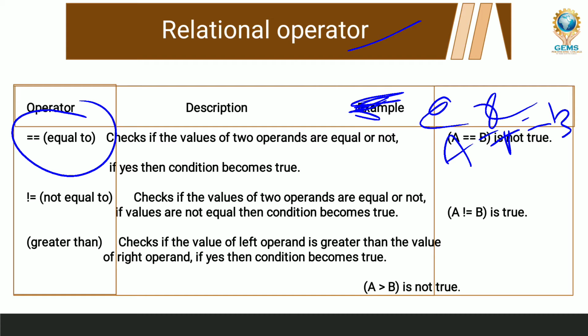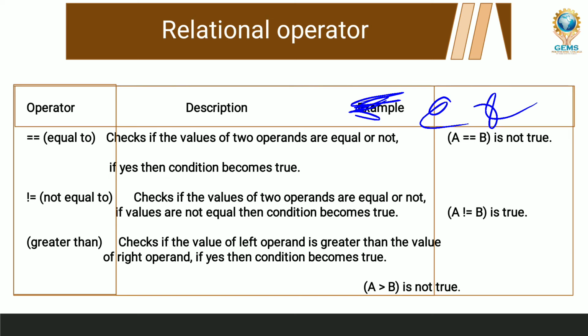Next, not equal to. It checks if the values of two operands are equal or not. If the values are not equal, then the condition becomes true. If the A value and B value are not equal, then this condition is true.